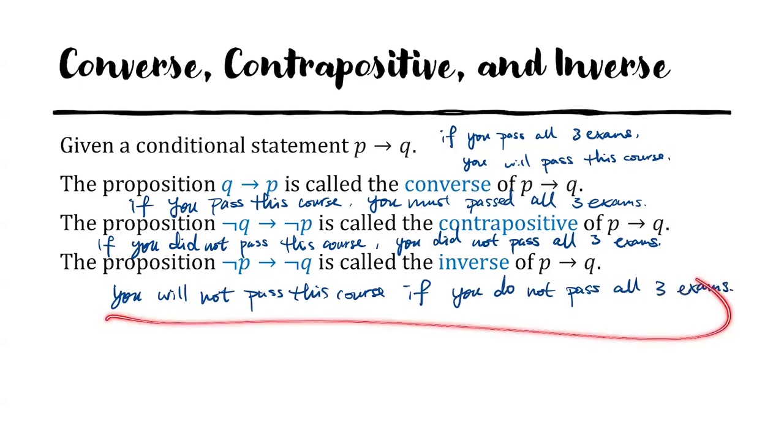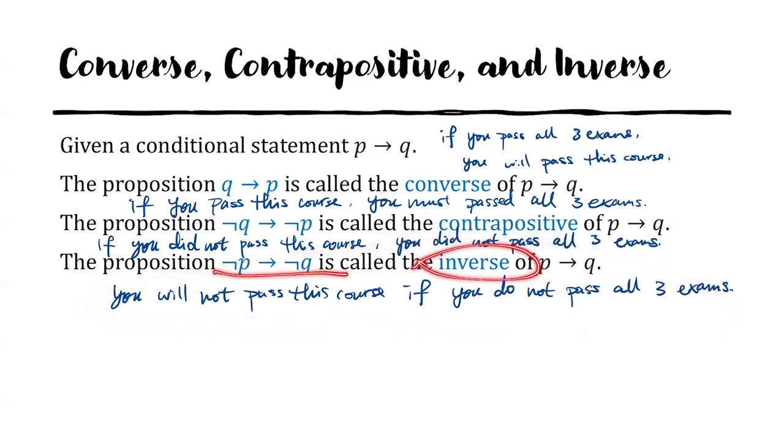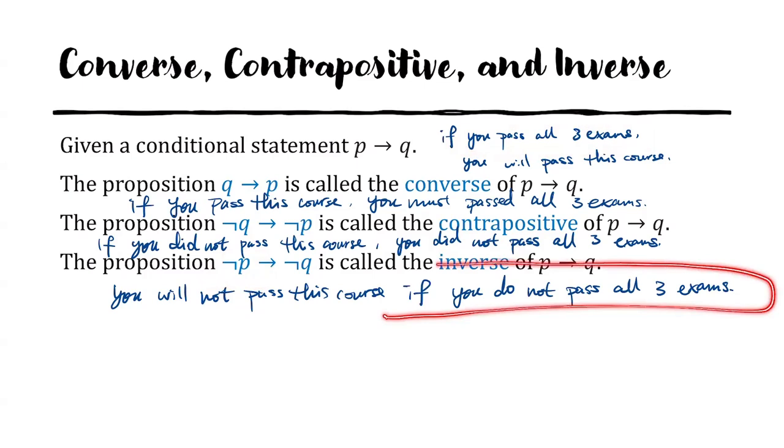Right, so this is actually a translation of the inverse statement. Not P implies not Q, because for not P you need to negate the statement you will pass all 3 exams. So you have, if you do not pass all 3 exams, so you have the if statement here.